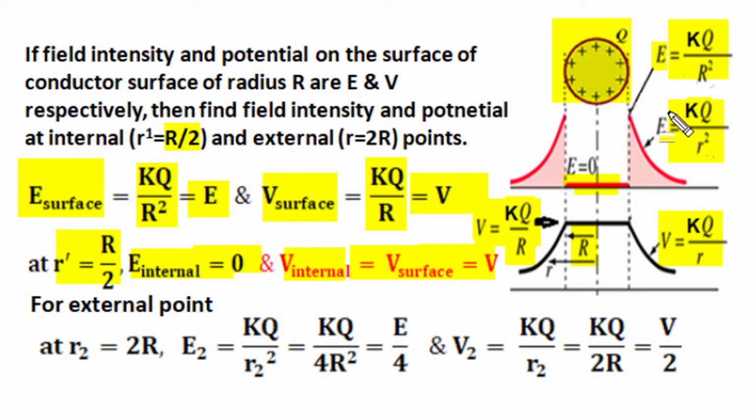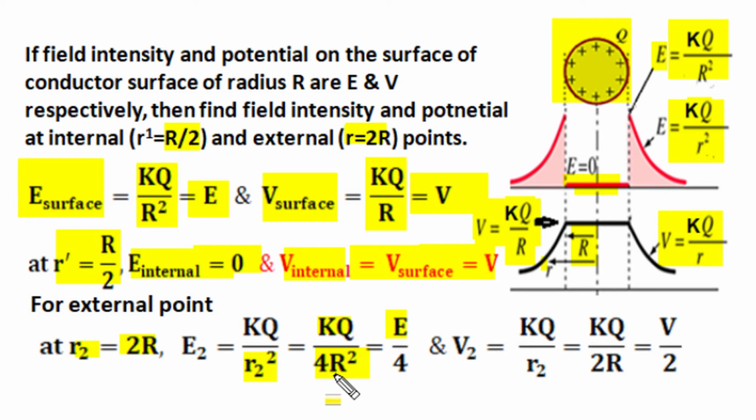Now consider the external position which is at a distance r equal to 2 times the radius of the sphere. We know the electric field has an inverse square relation with the distance of the observation position, and since the observation position is 2 times the radius, when we square it, it is 4R², and kQ/R² is the electric field on the surface, which is also the maximum electric field produced by the sphere anywhere.